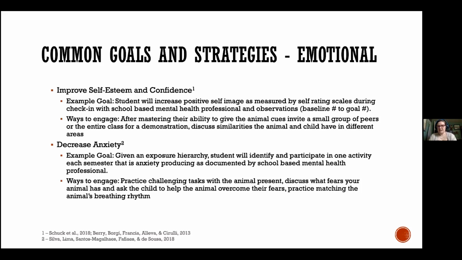So again, comparisons between the dog, using the dog as a scaffold, talking about what the dog is afraid of. If the dog has worries, how does the dog manage their worries? One of my favorite activities is actually having the child lay on the dog or put their hand on the dog's chest and trying to match their breathing.